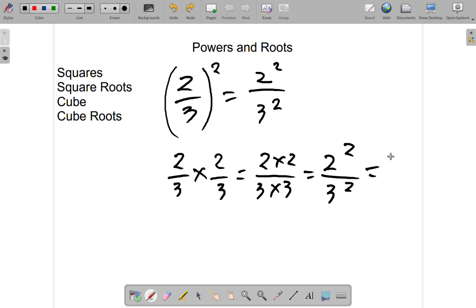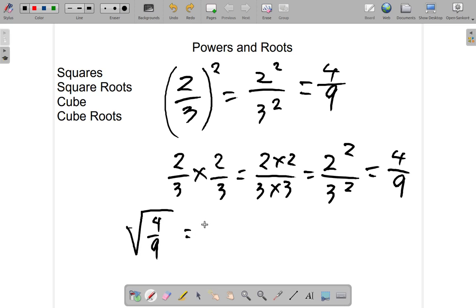So what you have is 4/9. 2/3 squared is 4/9. The top squared over the bottom squared. So 2 squared is 4, 3 squared is 9. Good. Now what is the square root of 4/9?